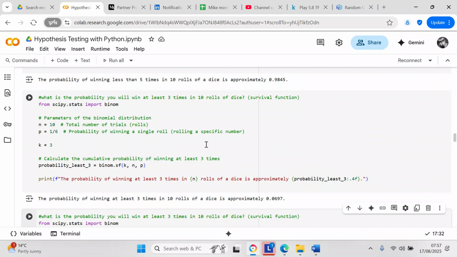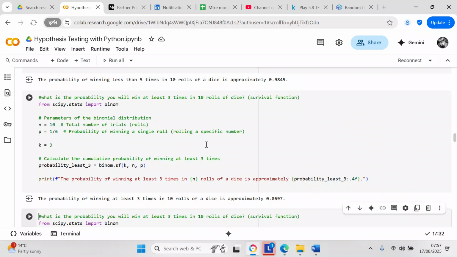And k equals 3. So probability at least 3 equals binom.sf, that's survival function, brackets k equals 3, comma, n equals 10, comma, p equals 1/6. Then we print the probability of winning at least 3 times in n rolls of dice, and the answer is 0.0697. So that's about 6.9%.